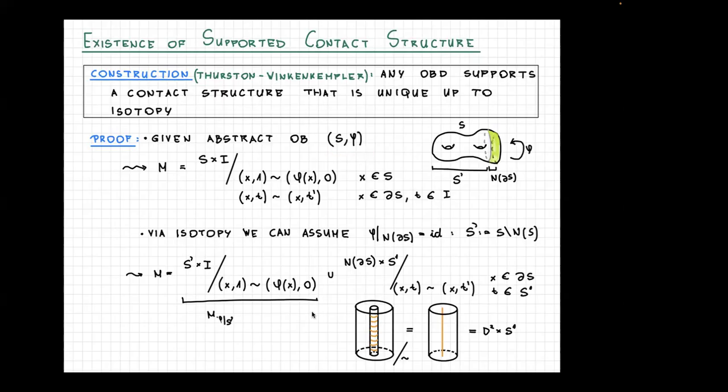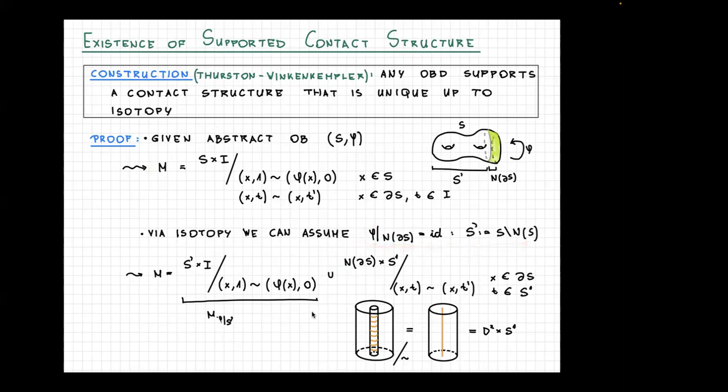And you construct this 3-manifold. This is the construction I gave you. This part is the mapping torus, and this extra part is collapsing the binding. We can make sure that the neighborhood of the surface is preserved by the monodromy.